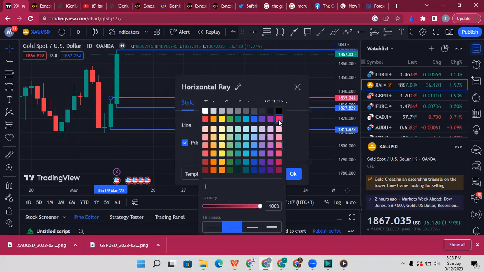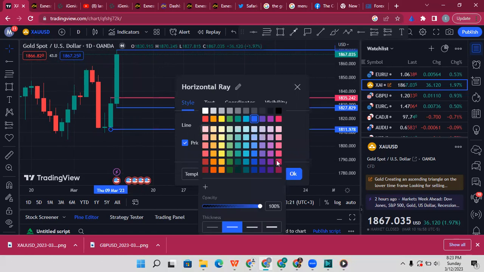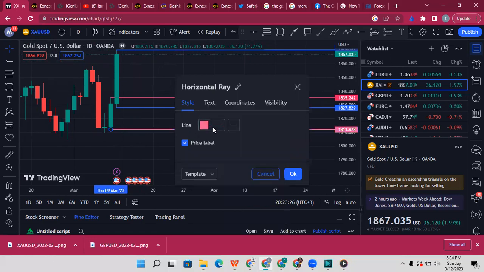Let me put it like pink. Or you can maybe just put it dotted, maybe text style. Yes, dashed. Can you put it dashed or dotted?